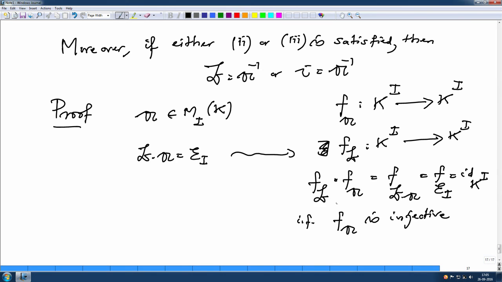So the condition that the composite map is identity is equivalent to saying this map is injective.